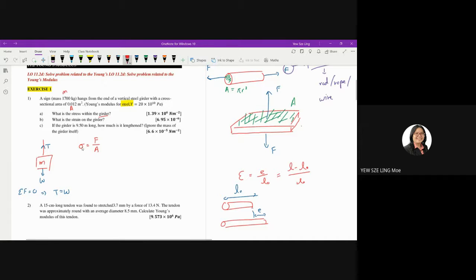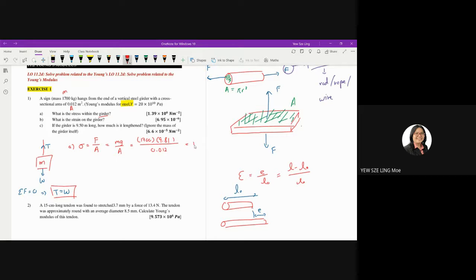Therefore, stress equals mg over A in this case. Why? Because the object is not moving, so the tension acting on this string equals the weight of the object. So it equals 1700 times 9.81, divided by the cross-sectional area, which is given and already in SI units, 0.012.